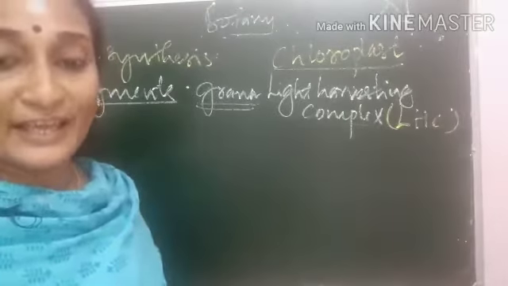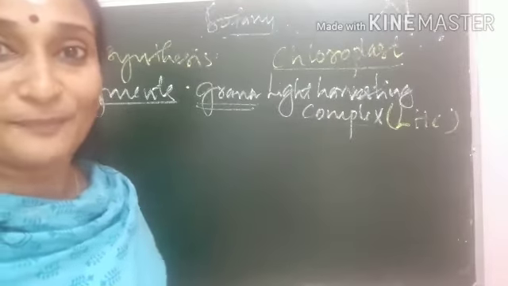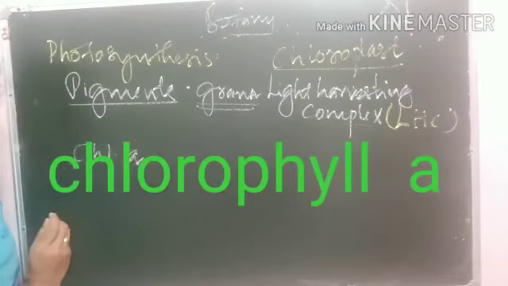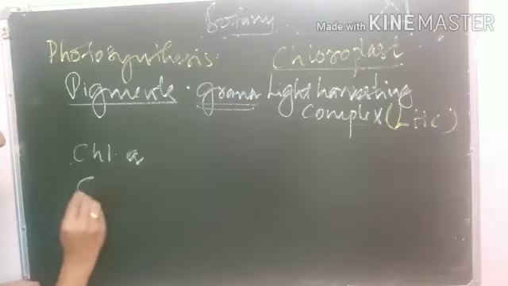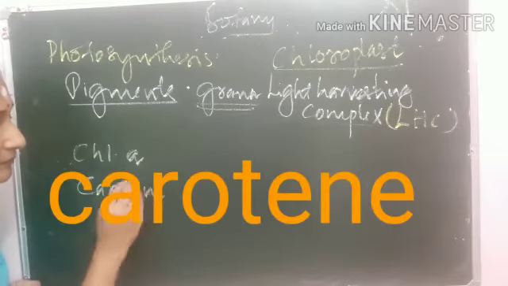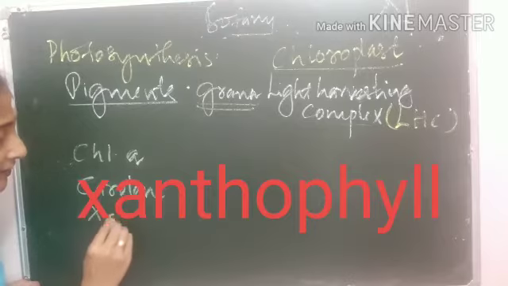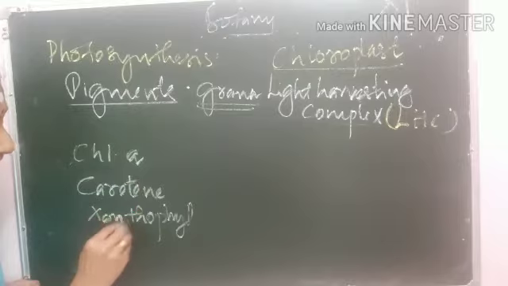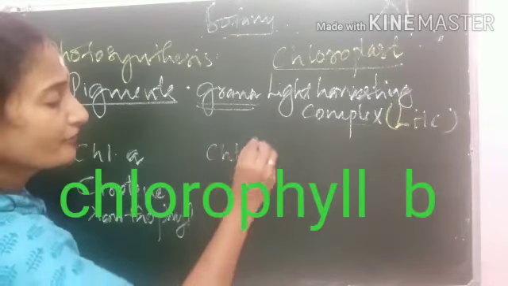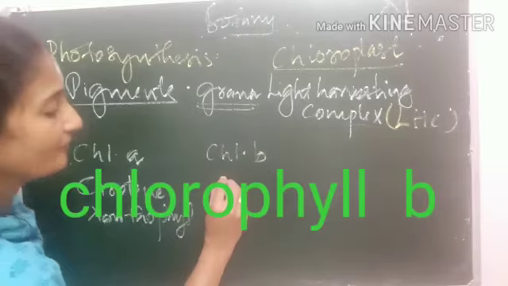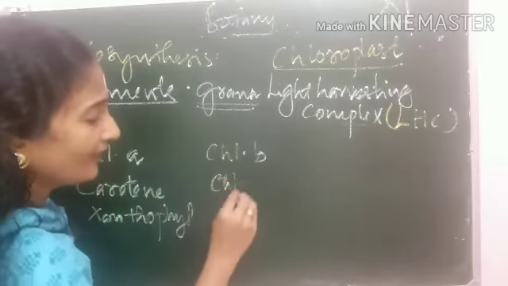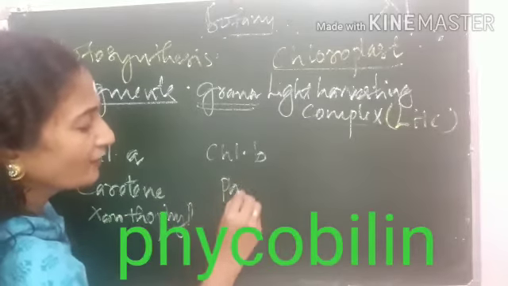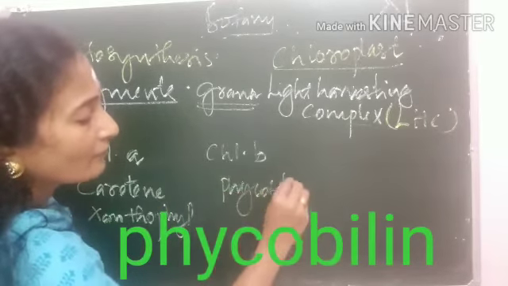Then what are the different types of pigments? The pigments are chlorophyll A, carotene, xanthophyll, chlorophyll B, and phycobilins.